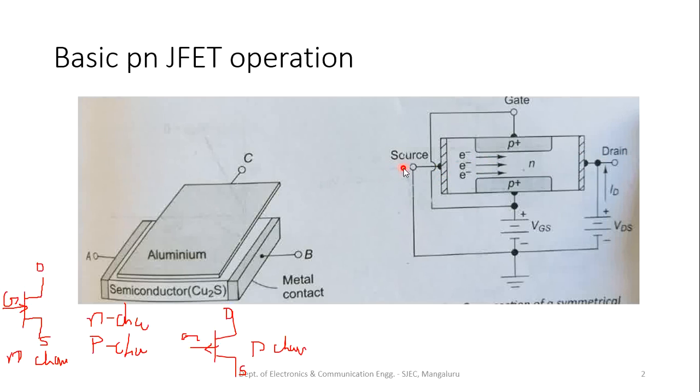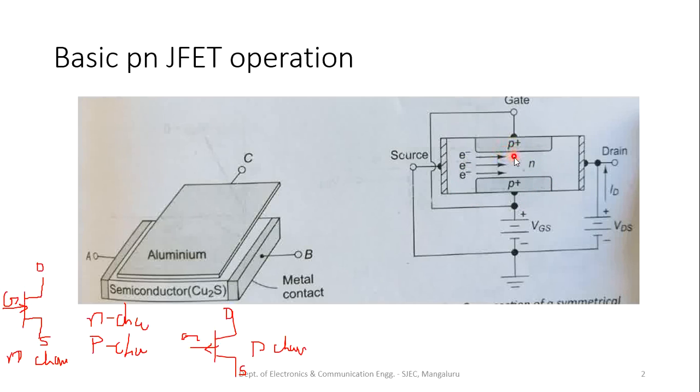From the external circuit, the carriers enter through the channel from the source, and the carriers leave from the drain terminal. All these carriers are majority charge carriers flowing through the channel. We can also fabricate a P channel JFET by just interchanging these semiconductor materials.